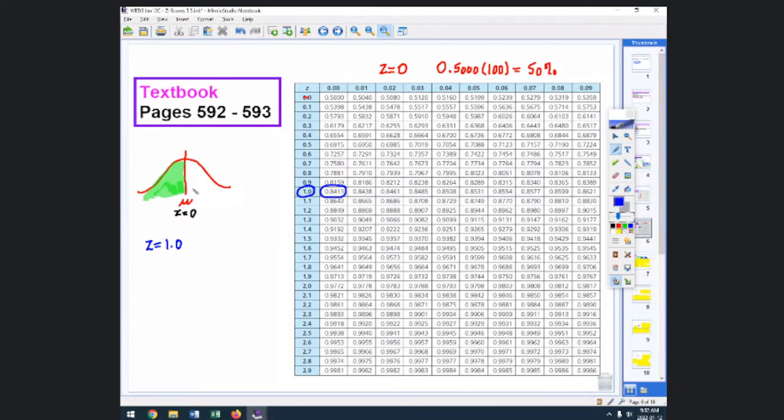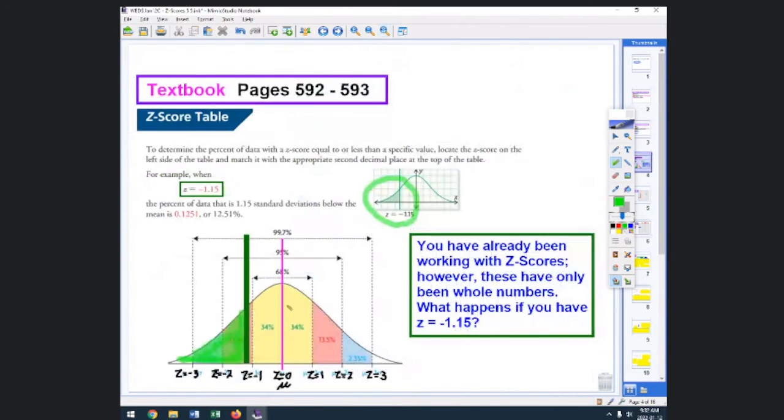If I'm at 1.0, that would be 1 standard deviation above the mean. So now I'm not only the 50%, but I'm this. Does anyone remember what that percentage is that's to the right? If you look here, 34. Isn't it 34? Yeah, it's 34%.